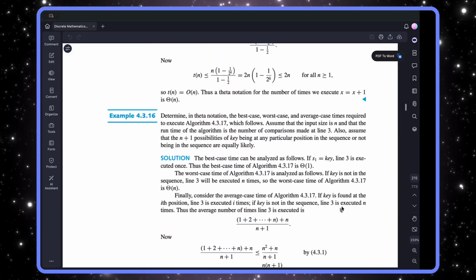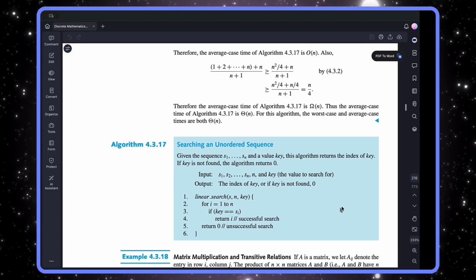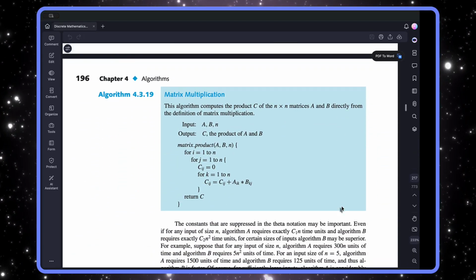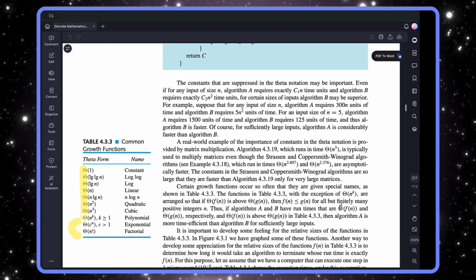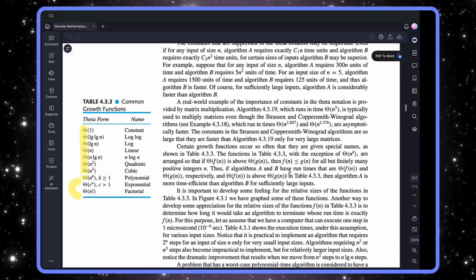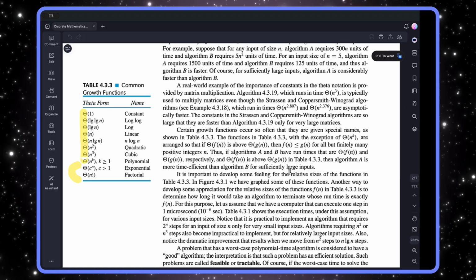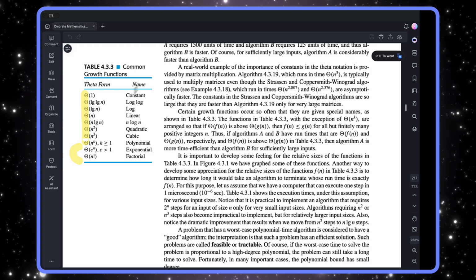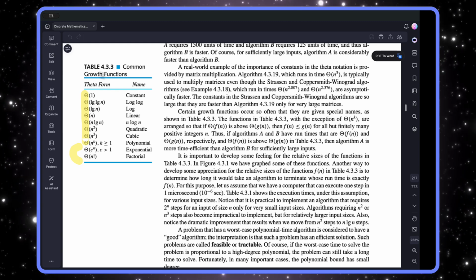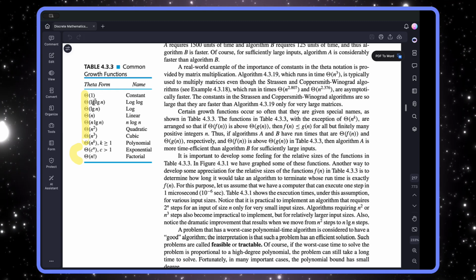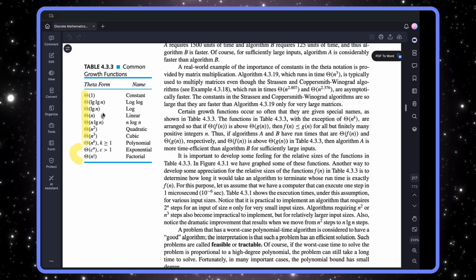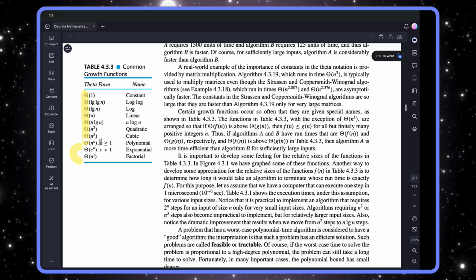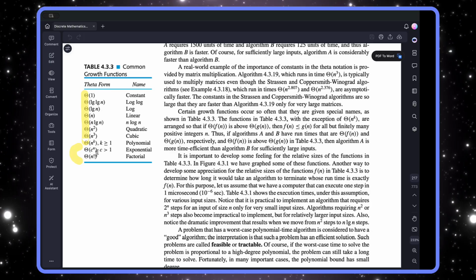I guess, as one last thing that I would like you to read, make sure you read through this and look at it. This is a very deep subject. So look at these comparisons. Here are our growth functions. These are standard growth functions: constant, log n, n log n, n squared, n cubed, n to the k, c to the n, factorial.